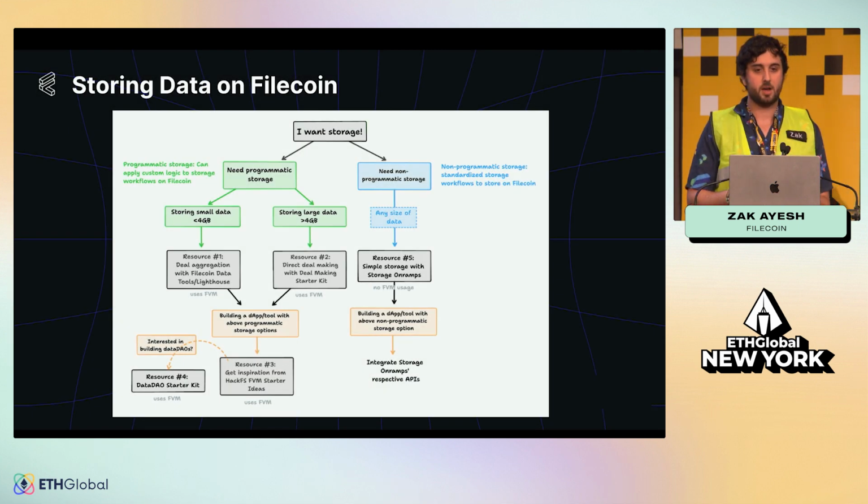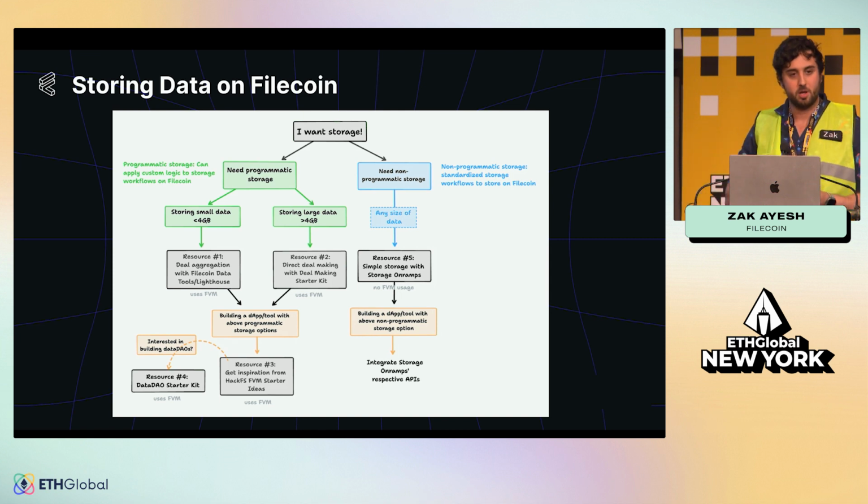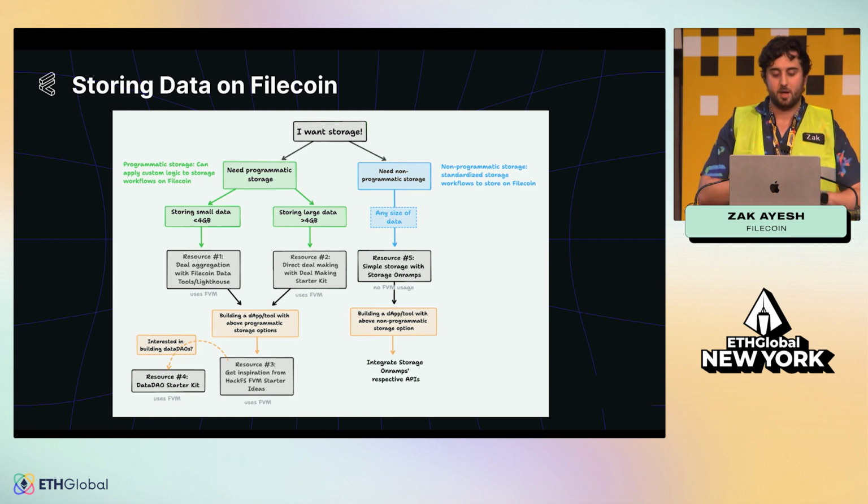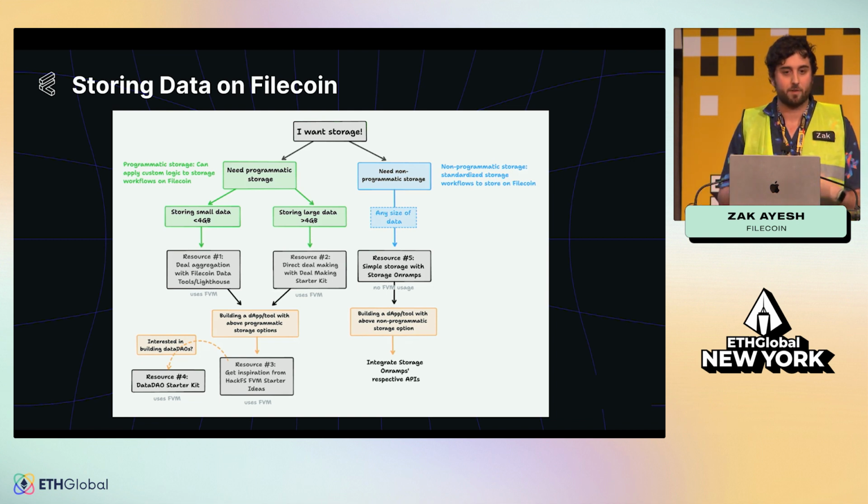Right, so there's three main paths where we're pushing people on how to get your data stored on Filecoin, right? Maybe you don't need any kind of programmatic storage. In that case, you can just store data like you could always on Filecoin, which usually involves getting to know a storage provider or finding them on some marketplace, seeing what kind of deals they're accepting, signing what we call a deal proposal with a key.